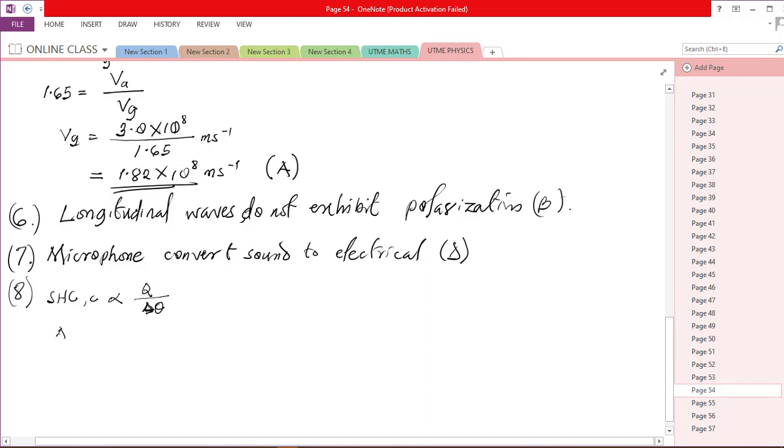as specific heat capacity increases, what happens?